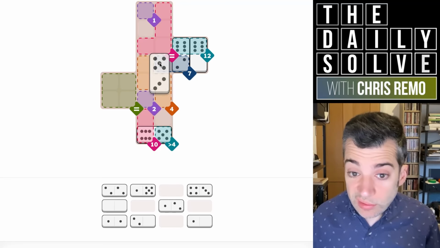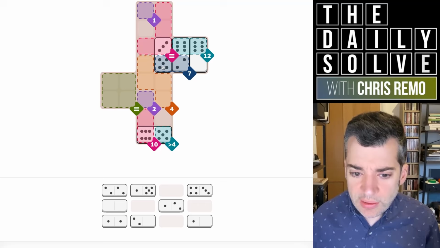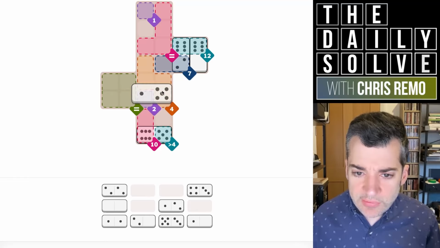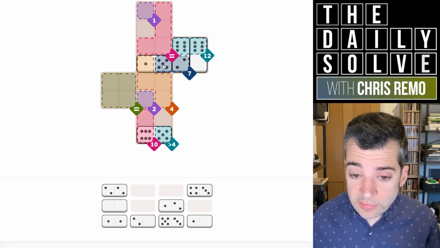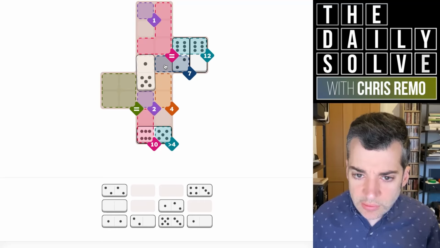It could be a 5, 1. So maybe this can't be 5, 3 in general, because it also can't point up here. So if this 6, 2 points down, then this is 5, 1. And it can't point up, so it would have to point into the 4 region. But it could go across or down. That might not matter.